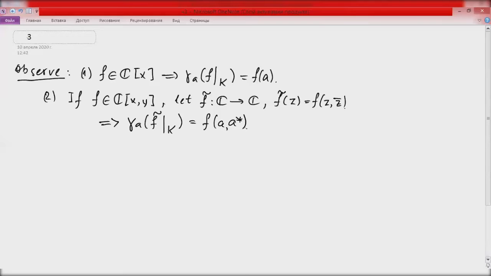And this observation justifies the following notation.